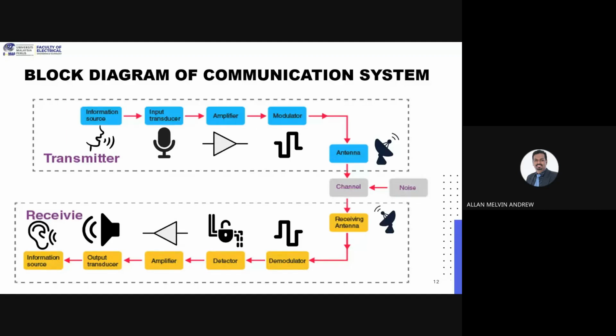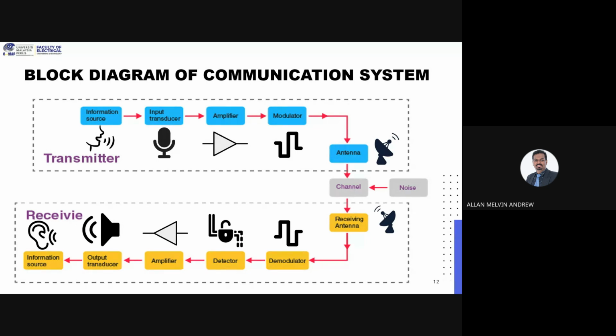So, okay, good morning. We will continue with the slide that we stopped yesterday. Currently we are studying chapter 1, the introduction to communication system. Yesterday we saw what a communication system is and what you can anticipate when you see or hear about it.